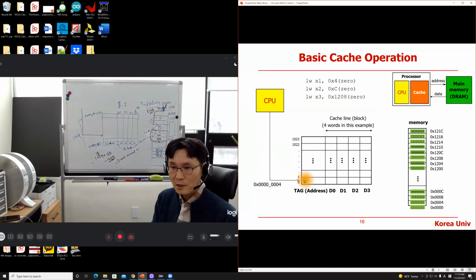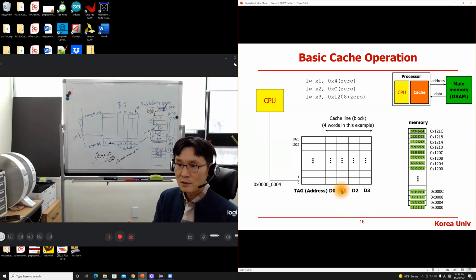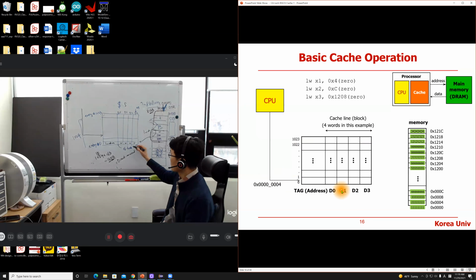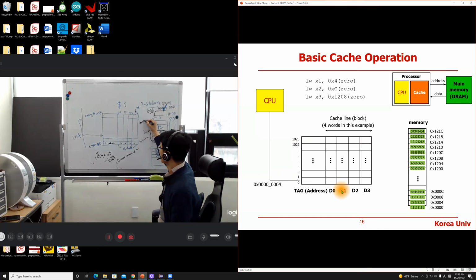So that means that cache entry is holding the information from that memory location. First time, cache does not have anything. Turn on the computer, first time does not have anything. So that is called cache miss.